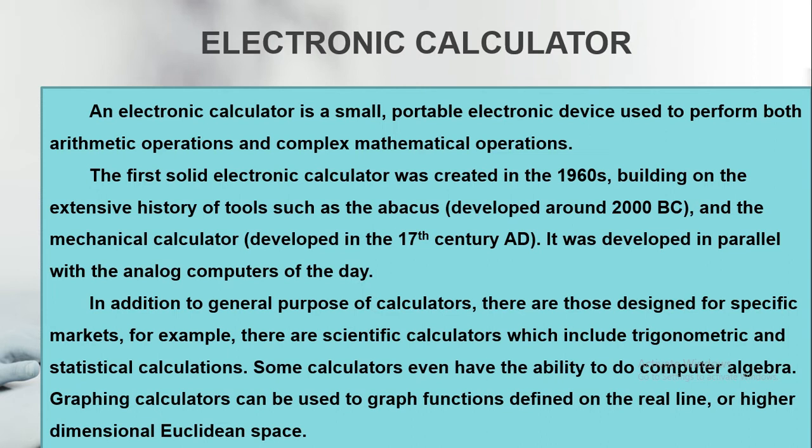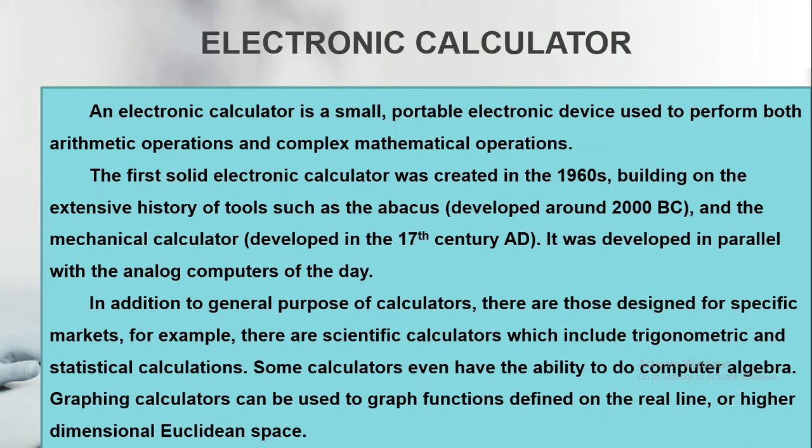Jadi biasanya kalau yang awal itu pasti general classification. Isinya ada definisi, fungsi, dan mungkin yang lainnya ya. And then the second paragraph itu juga ada description, and then the third itu description. Nah, tapi kalau yang di third paragraph, we can see that the text elaborates more about the first solid electronic calculator was created in the 1960s, which means it talks about the story or the history of the calculator itself.